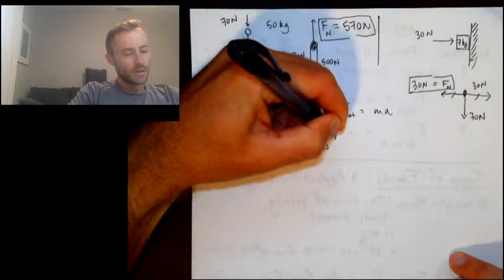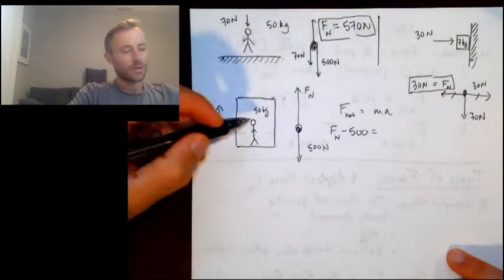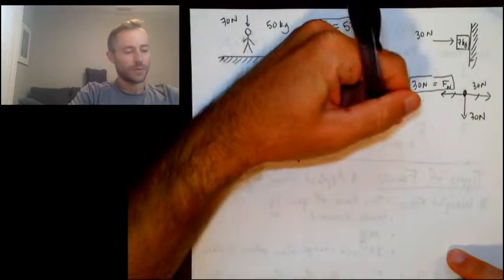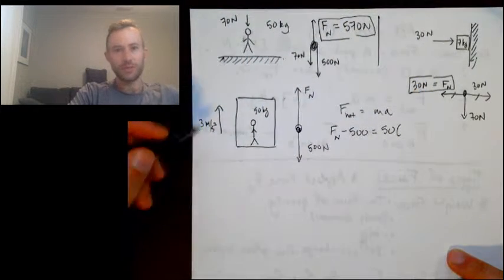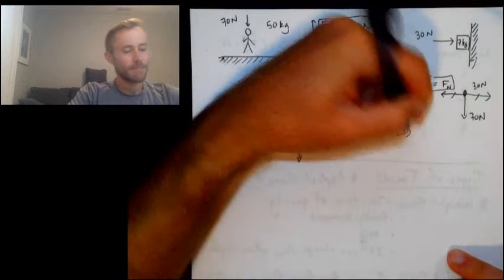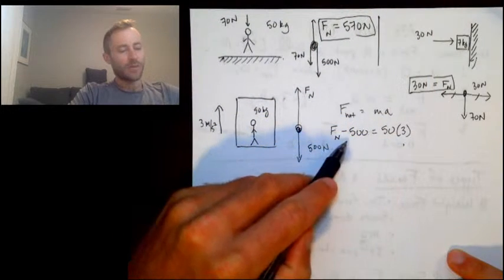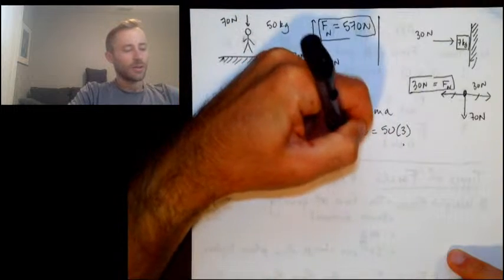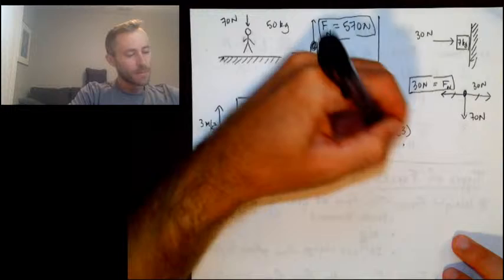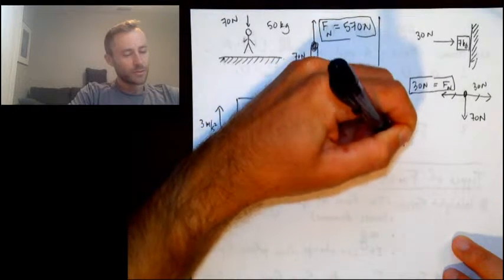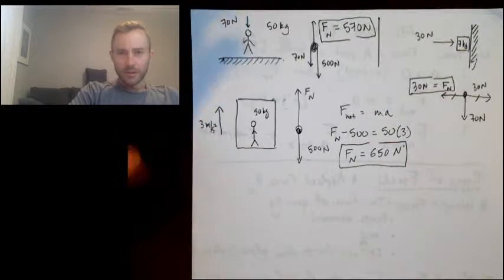So normal force minus 500 equals m, which is 50, times the acceleration, which is 3 meters per second squared. So that's 150. We add the 500 to the other side, and we get that the normal force is equal to 650 newtons. Okay? So that's the normal force.